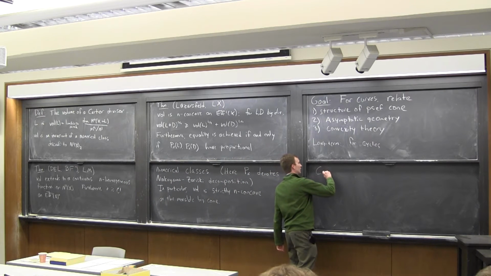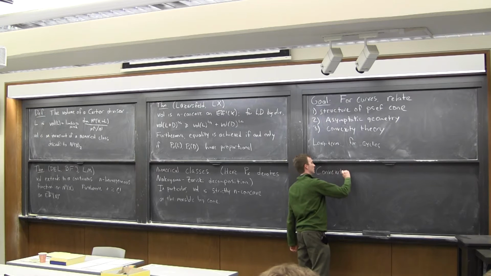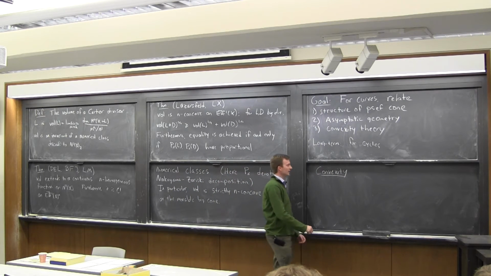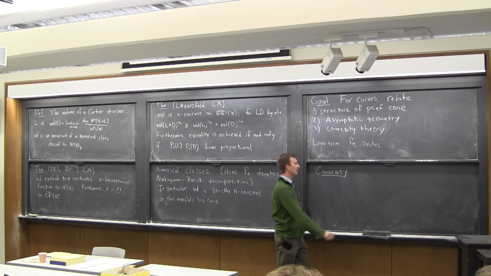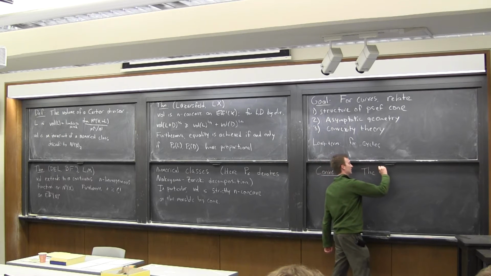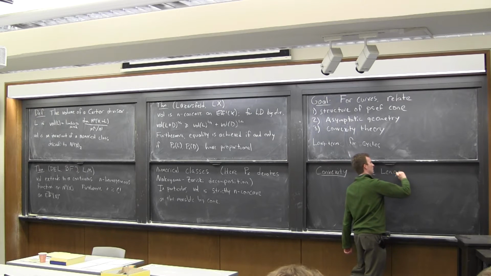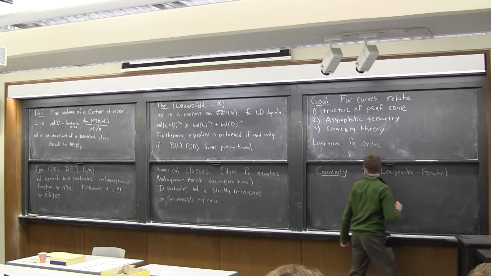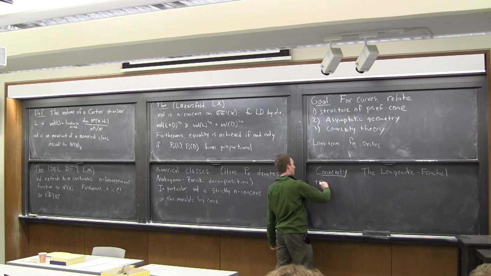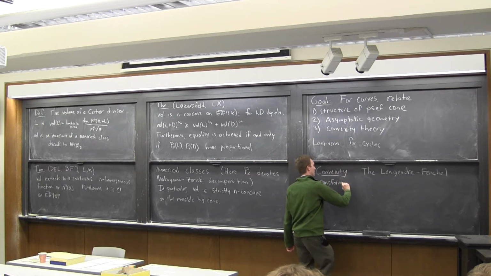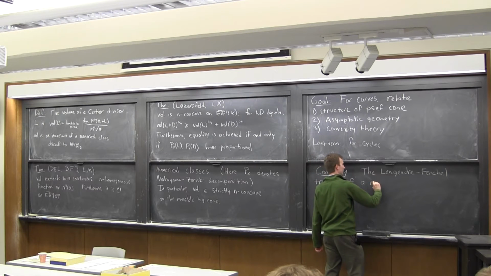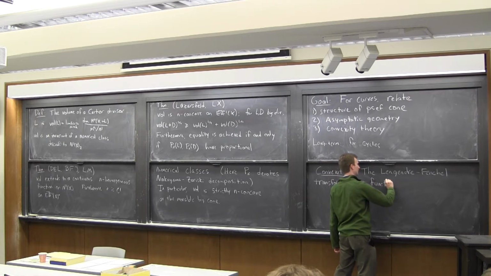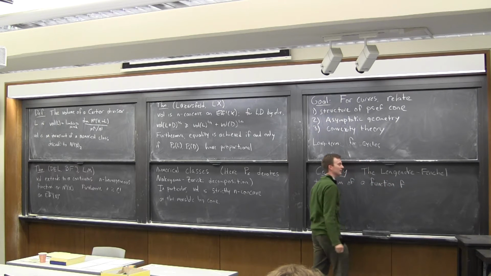So let me start off with a few reminders about convexity. Let's start with some basics. The Legendre-Fenchel transform of a real valued function f, where f is just a function from R to R which is convex.